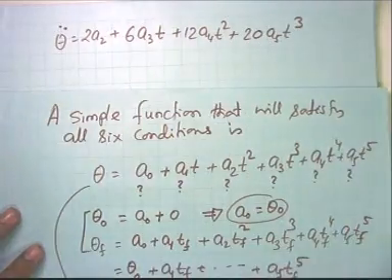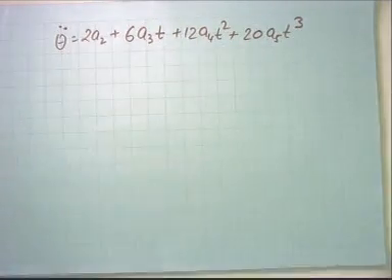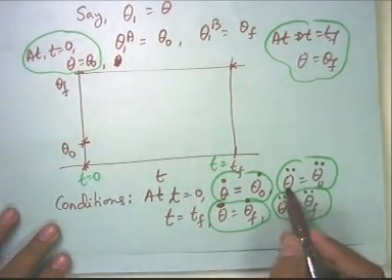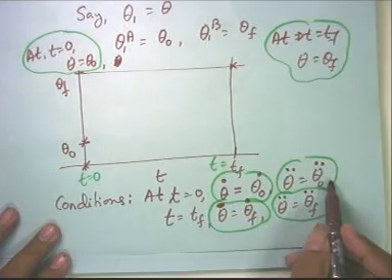Okay. So, now again I put those conditions, that at t equal to 0, theta double dot equal to theta 0 double dot.